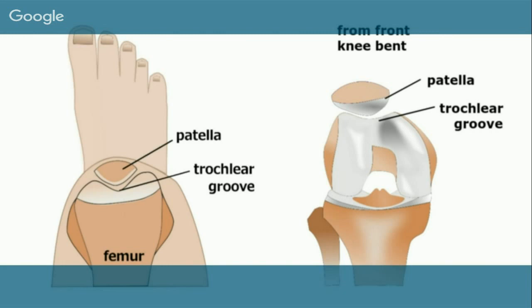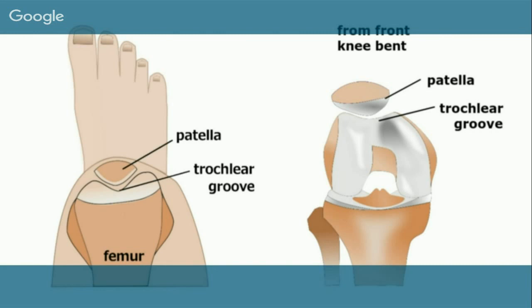It's just uncomfortable, and there's a whole spectrum of this. Some will have recurrent patellar instability once a year, every second year, and some will have it nearly every month. So it's very different.